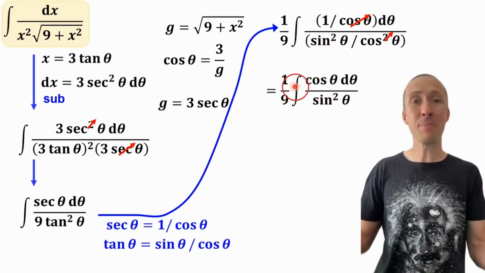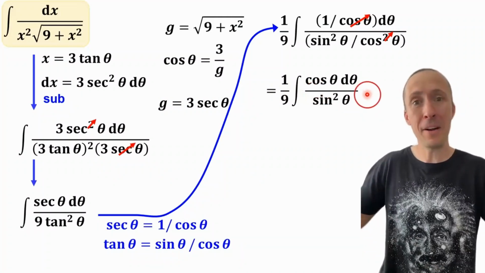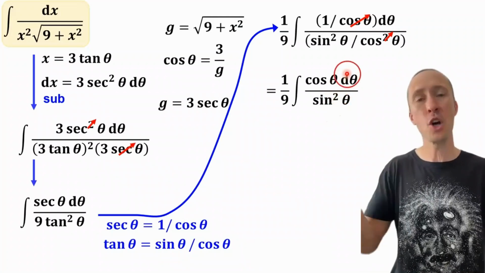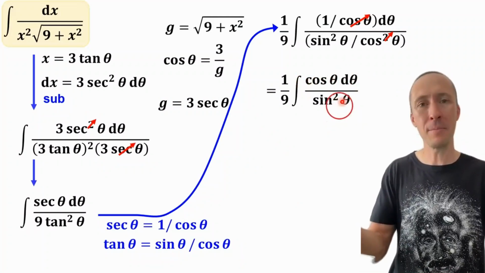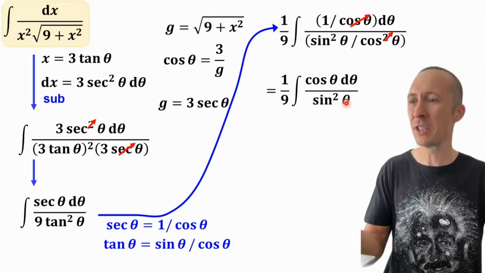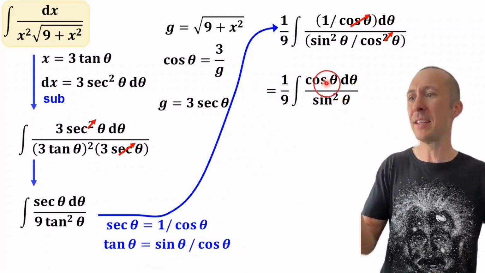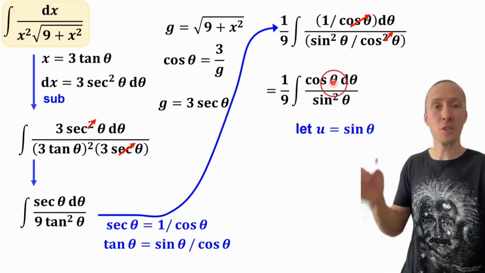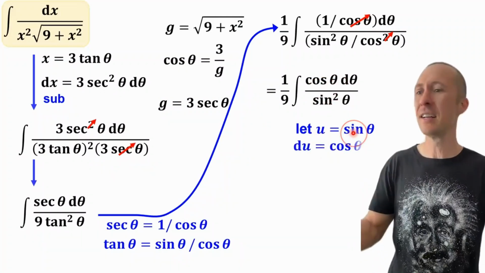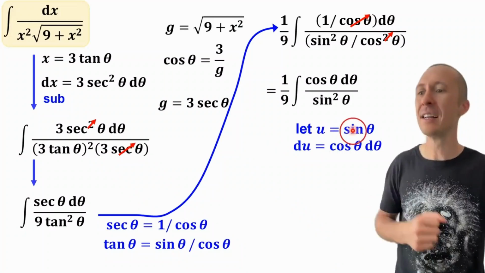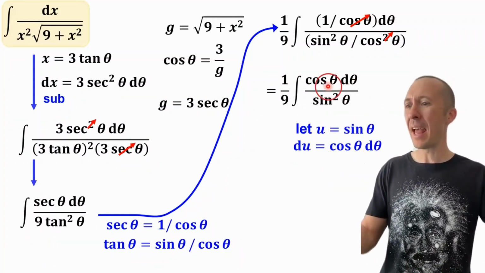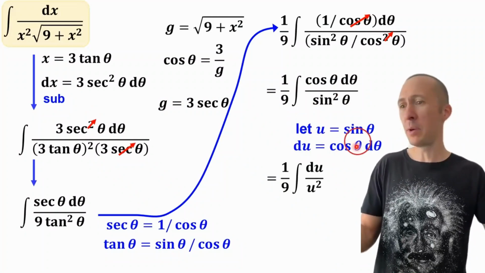Okay, now at this point, we're in very familiar territory with the u-substitution because the derivative of sine is cosine, which we have right up here. If we have the derivative of a function within this integral, it's often screaming a u-substitution. So we'll set u equal to sine theta, take the derivative with respect to theta, and rearrange to get du equals cos theta d theta. And we can sub that in.